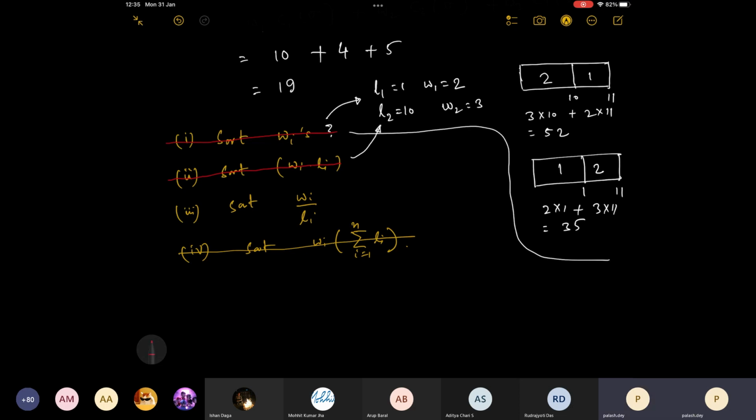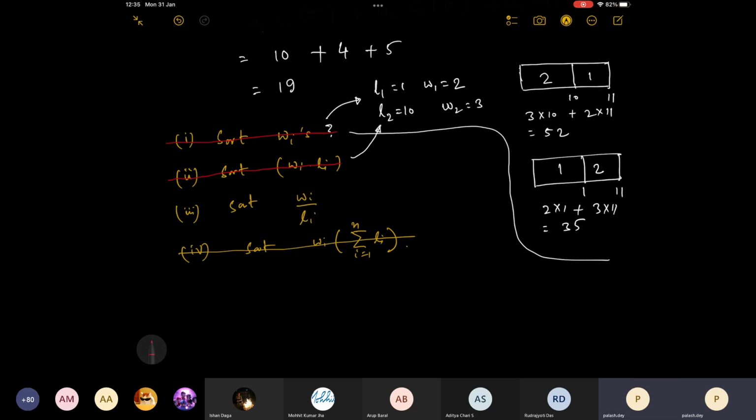Am I making sense? If some job has very high length, then we should not be doing that job in the beginning. We should try to do that job at the end. If I do that job in the beginning, and there are lots of jobs which are done after that lengthy job, then that lengthy job is increasing the completion time of all the jobs that are following it.